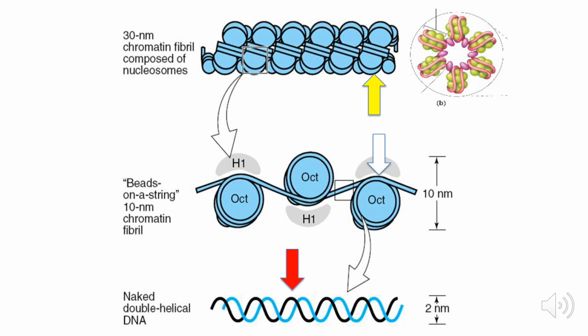Take note, that is how the 30 nanometer chromatin fiber will look like from its lateral view. But if you're going to view it on its frontal side, this is how it will look like. So, this second yellow arrow is pointing to another 30 nanometer chromatin fiber. And the third yellow arrow is pointing to another 30 nanometer chromatin fiber.